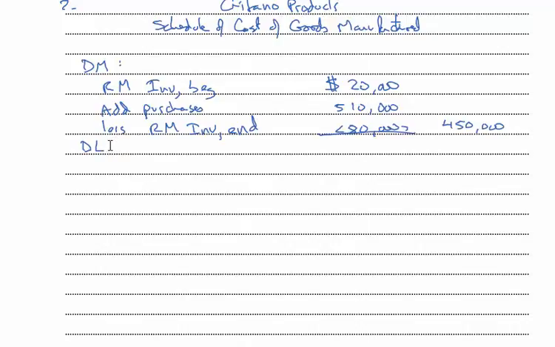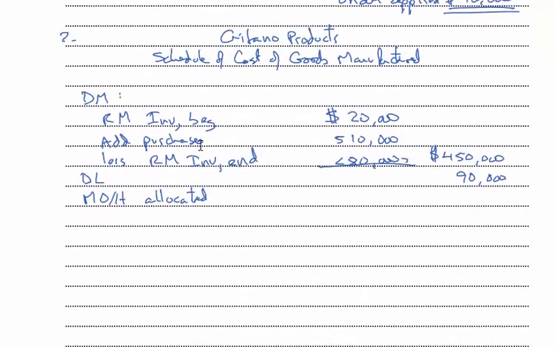Direct labor, what do we have? Direct labor cost $90,000. And manufacturing overhead allocated, and we worked that out above, $720,000. Total manufacturing costs $1,260,000.